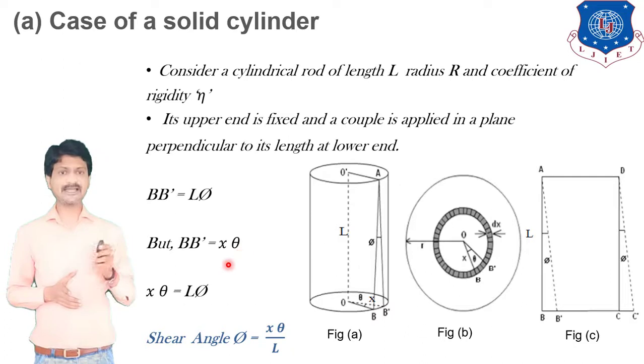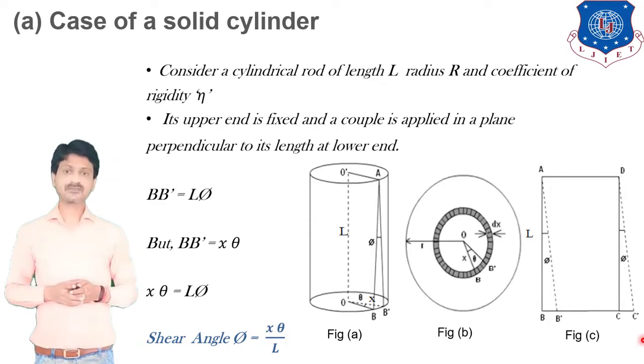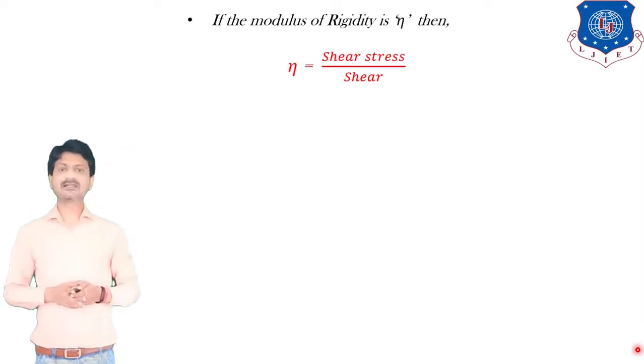So from the basic relation, BB dash equals x into theta according to figure B. Now, we know that the angle of shear phi is equal to x theta by L. Now, if the modulus of rigidity is eta, then we know that the modulus of rigidity is the ratio of shear stress to shear angle.